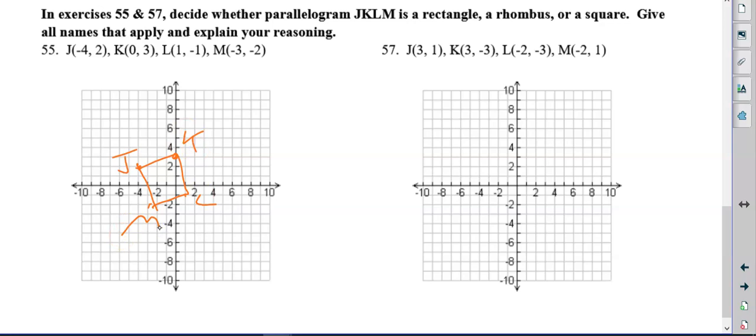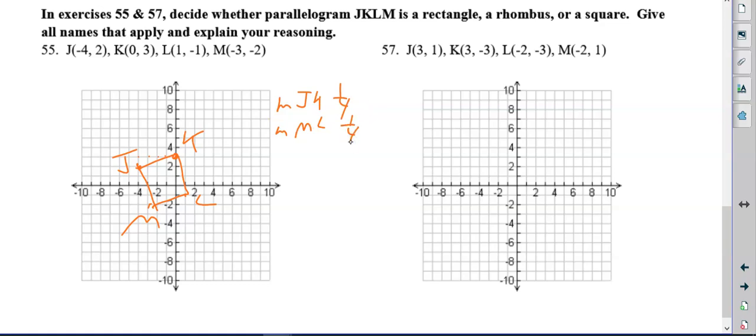So we're going to find the slopes of all these. So the slope of JK is up 1, right 1, 2, 3, 4. So 1/4. And ML is also 1/4.